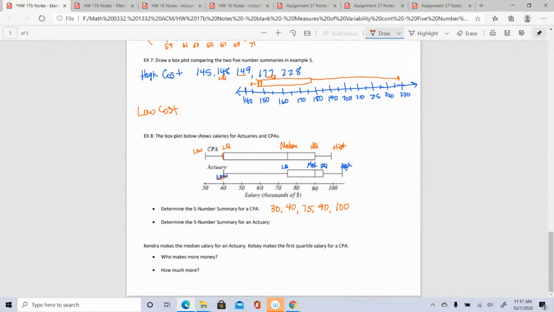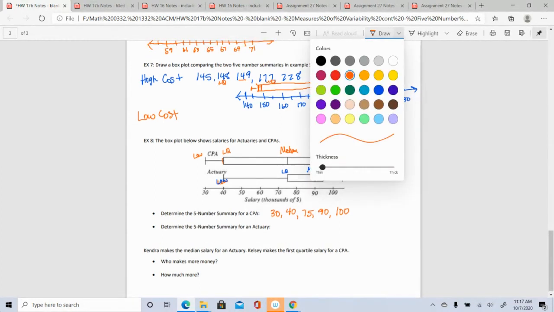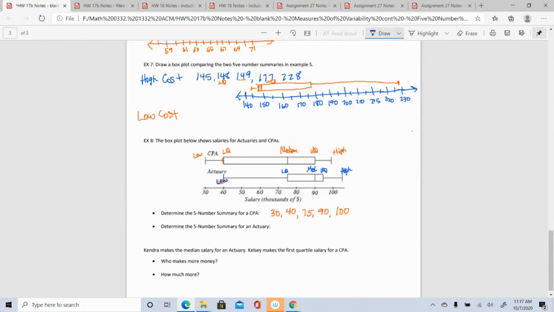And what would it be for an actuary? We're just going to do the same thing. So if you're on the video, go ahead and pause it. Write your 5 numbers down. Okay, what would y'all write for the low end on actuary? 40. And then the lower quartile, 75-ish.